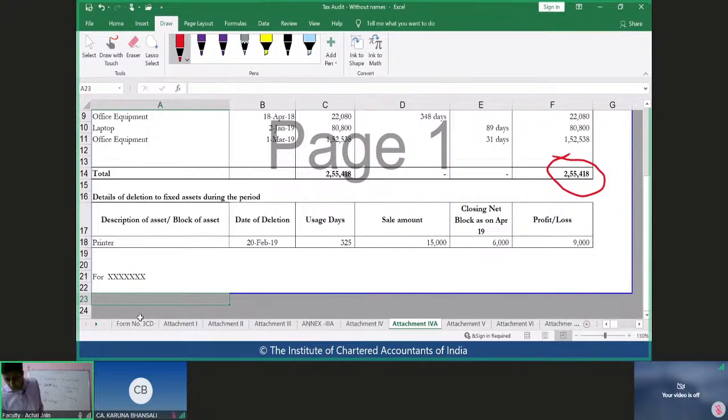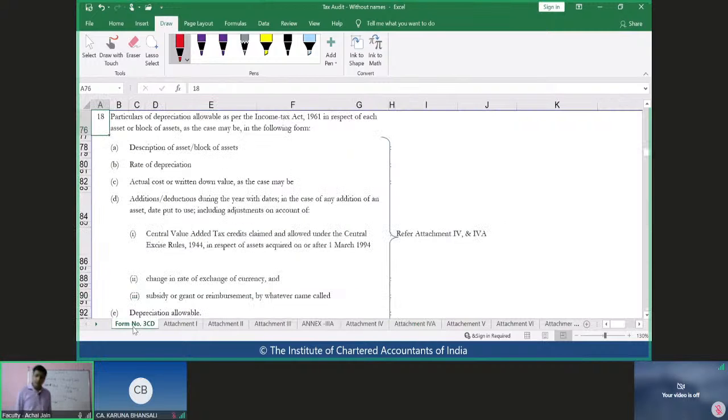Most of you who might have worked on tax audit must know that this clause happens to be one of the clauses which takes substantial time of the auditor in respect of testing procedures, and it also takes substantial time of the management to fill the utility.